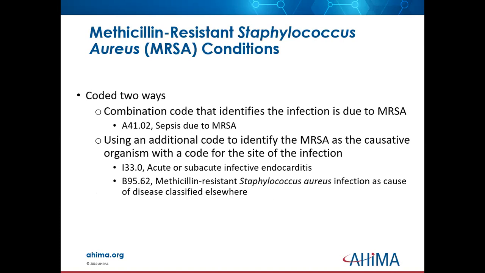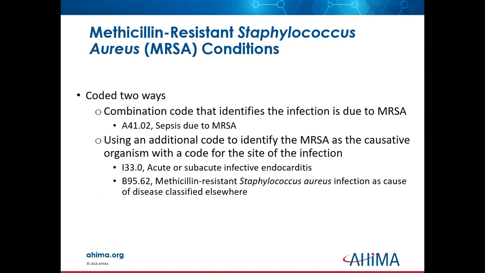Methicillin-resistant Staphylococcus aureus conditions. So in some cases with this condition, you would use a combination code that identifies the infection is due to a methicillin-resistant Staphylococcus aureus. So we have an example here: sepsis due to MRSA, A41.02.